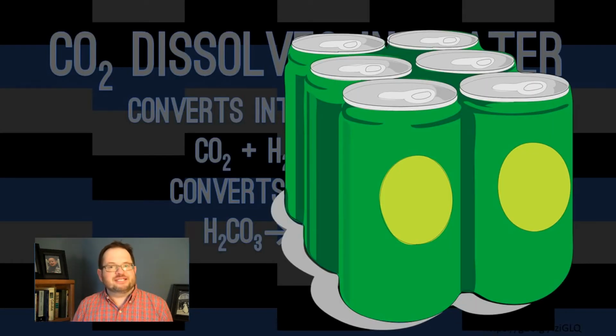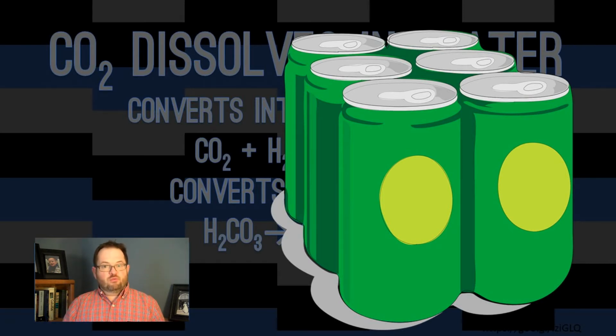This, as your book points out, is actually the key chemistry as to how soda works. When you get a can of soda, it is an acid. It's a fairly moderate acid, but it is carbonic acid because the manufacturer has dissolved carbon dioxide into the water to produce carbonic acid. It's part of what gives soda that tart flavor.